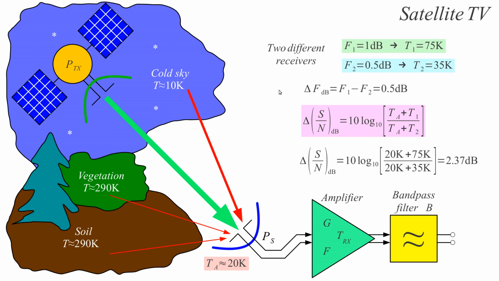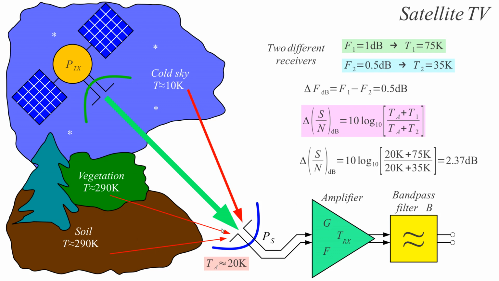But actually we are not interested in the change of the noise figure in decibels. We are interested in the change of the signal-to-noise ratio, again expressed in dB, and this is 10 times the logarithm of the ratio of the temperatures. In the first case, it was the antenna temperature plus the noise temperature of the first receiver. In the second case, we have the antenna temperature plus the temperature of the second receiver. We had two different receivers, same antenna.